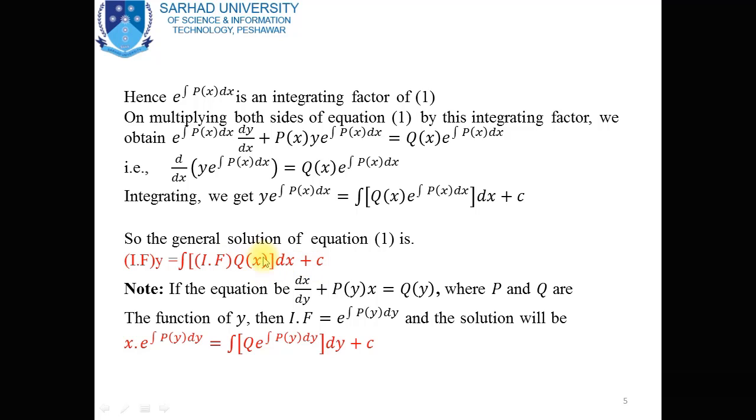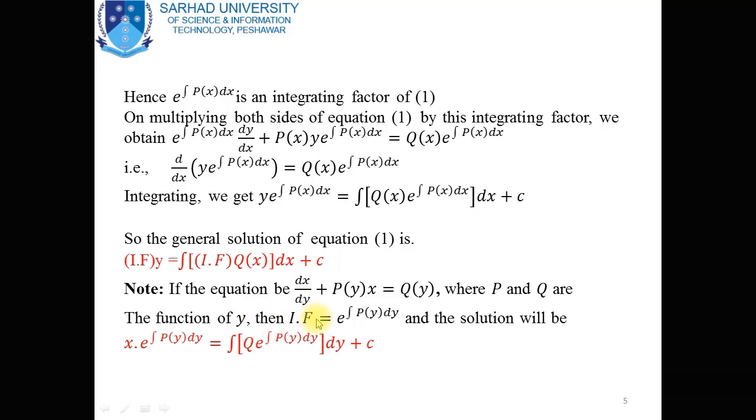Now dear students, this point is very important. If the linear differential equation of first order is in this form, dx by dy plus p of y into x is equal to q of y, then x will be dependent and y will be independent, and p and q are functions of y.